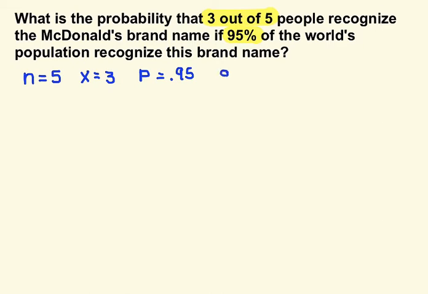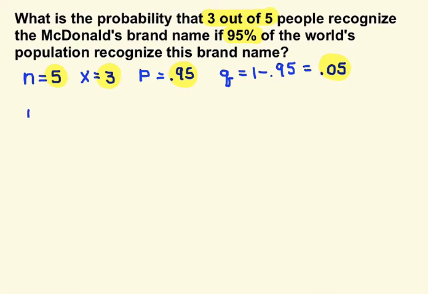And Q, the probability of not having a success, that is 1 minus 0.95. So that's equal to 0.05. Okay, so I have all the bits that I need. I have N, X, P, and Q. So what is the probability that 3 out of 5 people will recognize the McDonald's brand name?